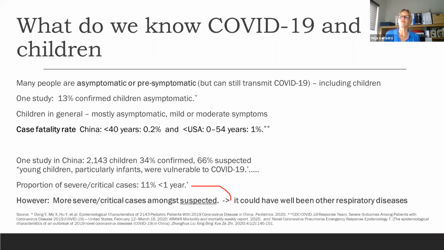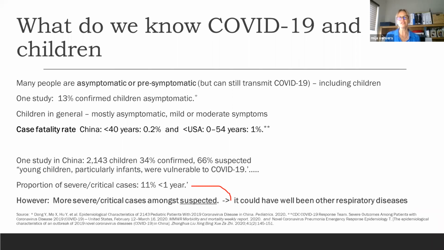Now, from those studies I found until last Sunday was that the case fatality rate in China was only 0.2% for all those affected under 40 years old. So it's a small group. In the USA data, I found that 1% was under 54 years. But again, what I said, there's new studies, and I hope to update this another time.